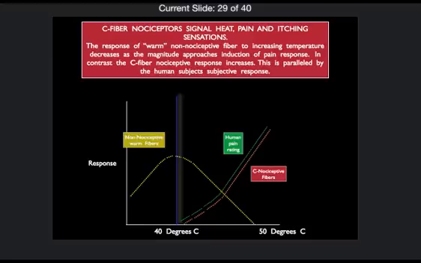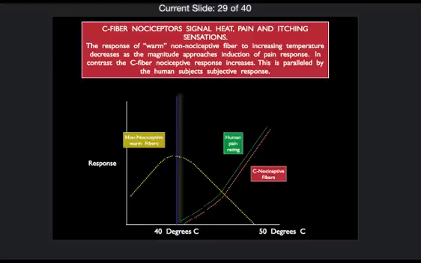But the response of warm, non-nociceptive fibers to increasing temperature decreases as the magnitude approaches induction of pain response. In contrast, the C fiber responses increase. This is paralleled by the human subject's subjective response. What does this say?